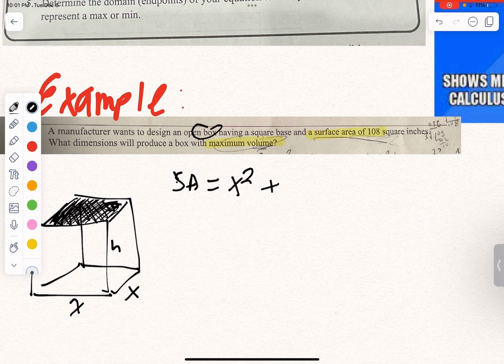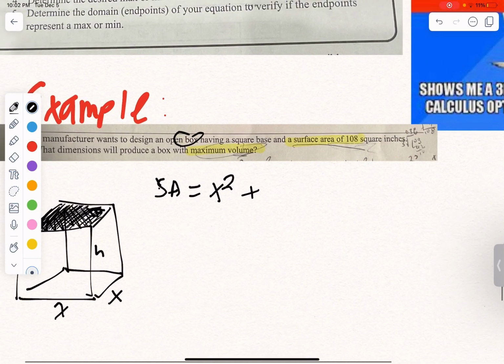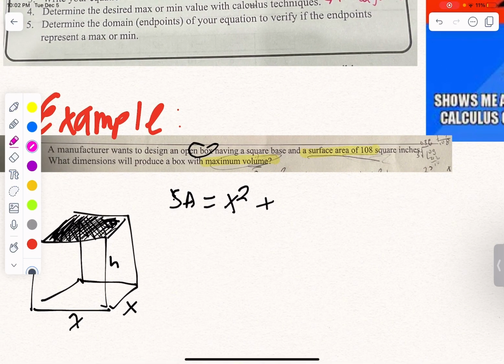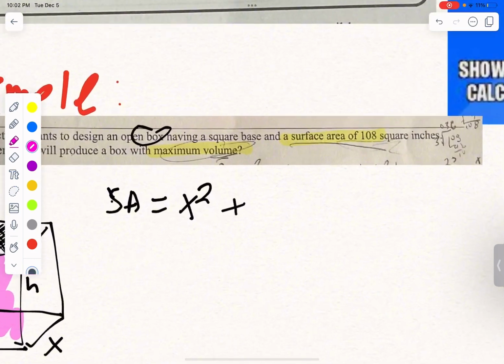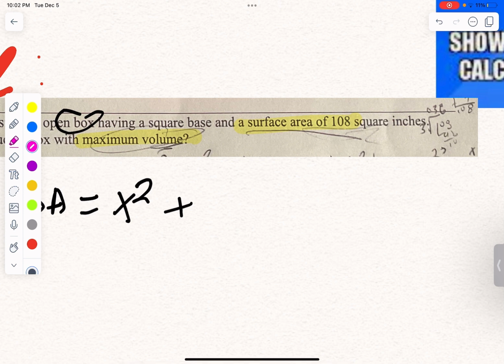It would usually be 2X squared, but because the box is open on top, the top doesn't count. Then X times H gives you one of these sides, and because there are 4 of them, it's plus 4XH.